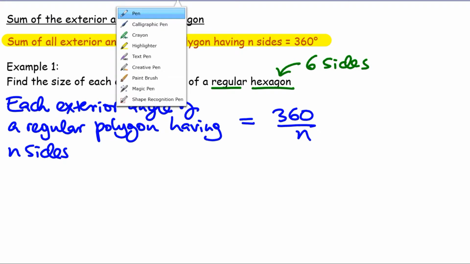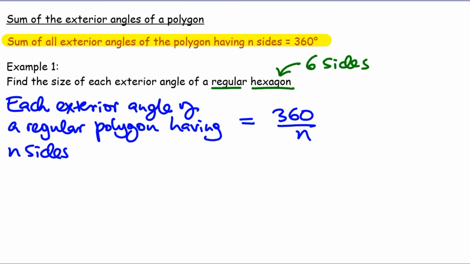So remember, here we are referring to a regular polygon. If it has n sides, then each exterior angle will be 360 divided by n. So you can just go ahead and plug in 6 in place of n to find the size of each exterior angle of a regular hexagon, and that will be equal to 60 degrees.